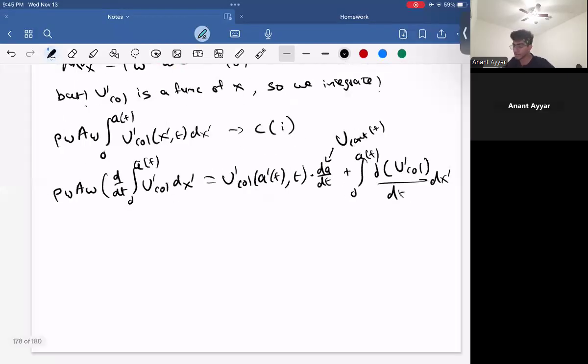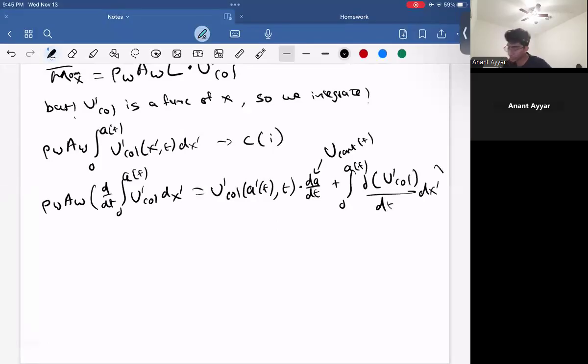Once we get this, this is probably what looks familiar from the solutions. Now we have to evaluate this at time t equals 0, where a prime of t naught is equal to 0. So it just starts at the left side of the domain at t equals 0. You would evaluate this integral from 0 to 0, so this entire term will just go away.